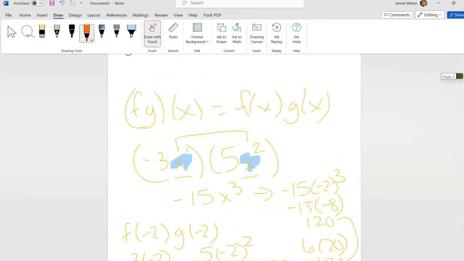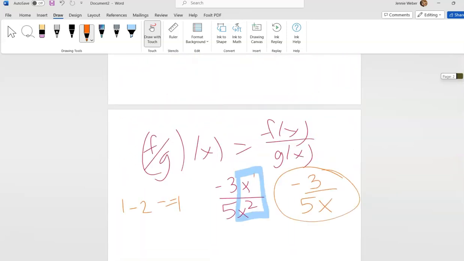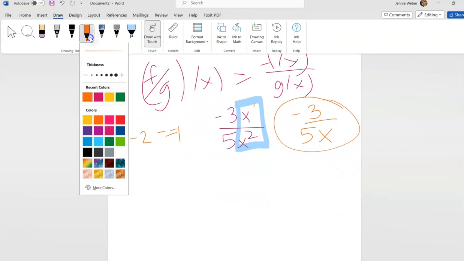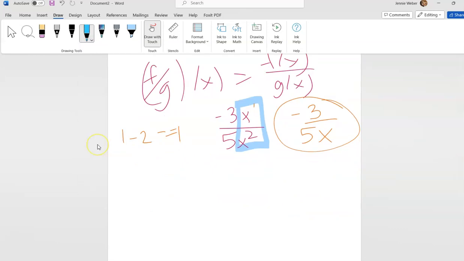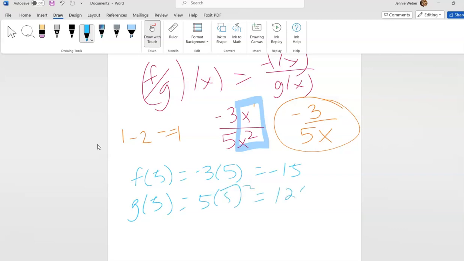Now, I put in 5. Okay, so let's come down here. For the first one, I could do each of these. f of 5 gives you negative 3 times 5, which is negative 15. And g of 5 gives me 5 times 5 squared, which is 125.